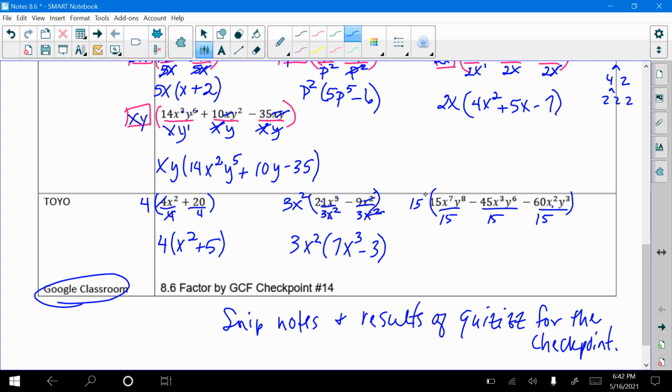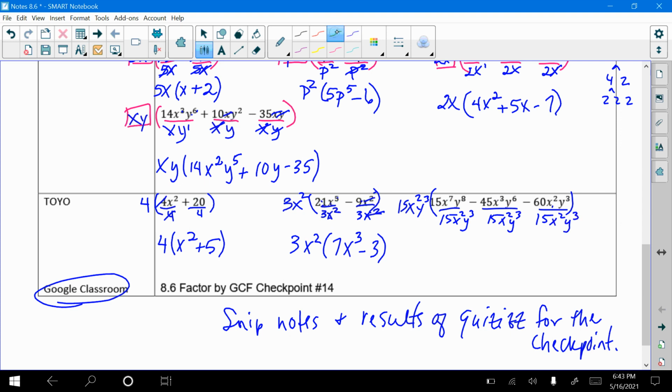So x squared. And then y to the third, it looks like. So with that being said, I'm going to say x squared y third.